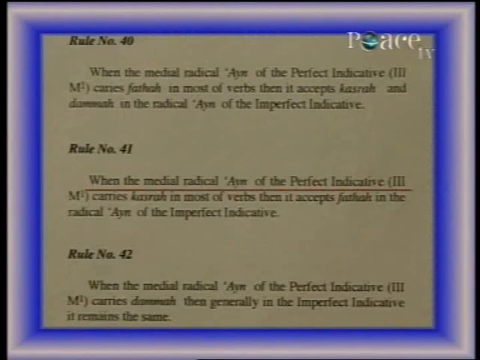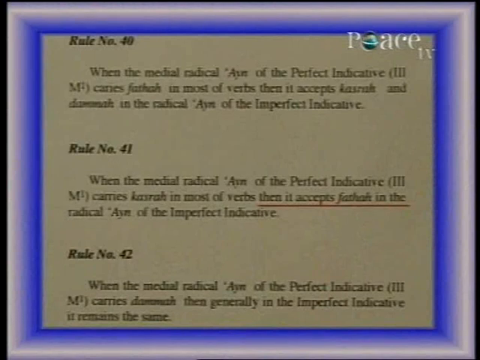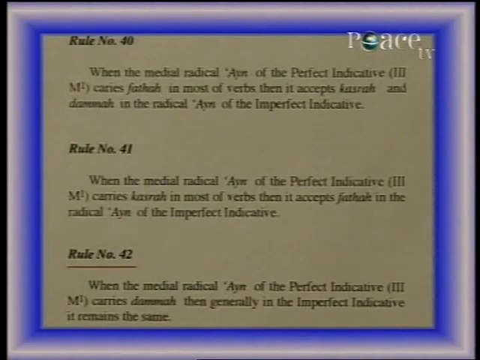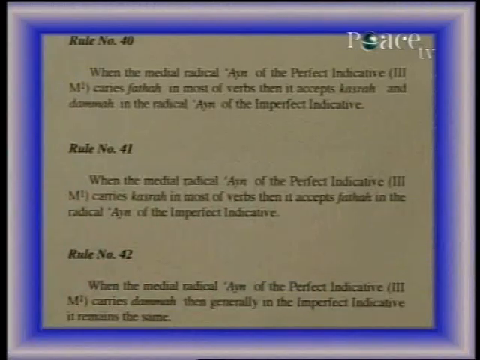When the medial radical ayn of the perfect indicative 3M1 carries kasra in most verbs, then it accepts fatha in the radical ayn of the imperfect indicative. Rule number 42. When the medial radical ayn of the perfect indicative 3M1 carries dhamma, then generally in the imperfect indicative it remains the same.